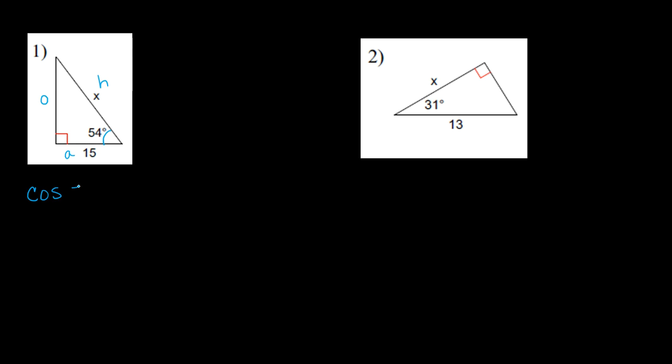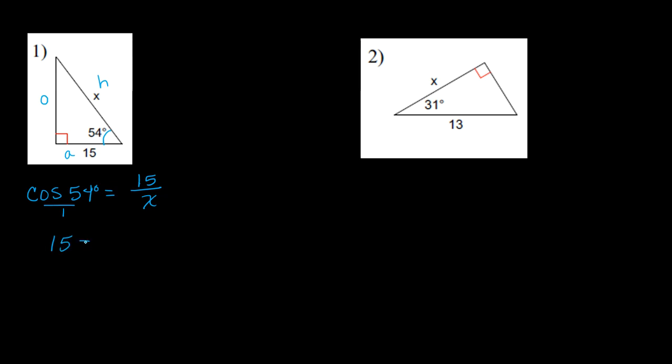So the cosine of 54 degrees is equal to A, which is 15, over our hypotenuse, which is x. So again, have your handy dandy calculator ready. We're going to cross multiply these, so you can just assume that this is a 1 in the denominator.